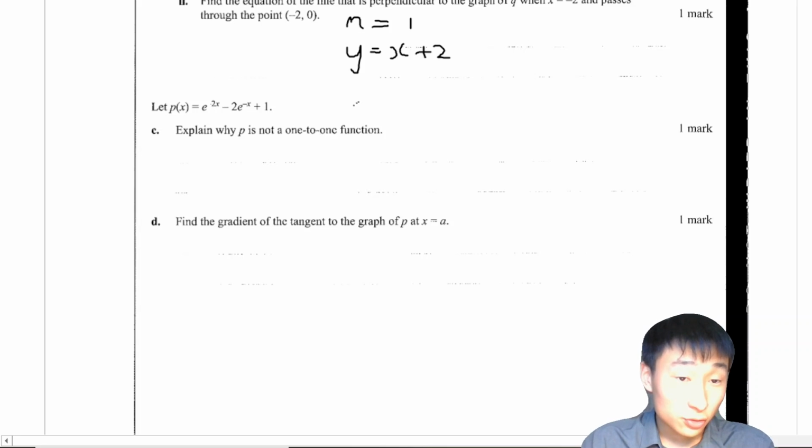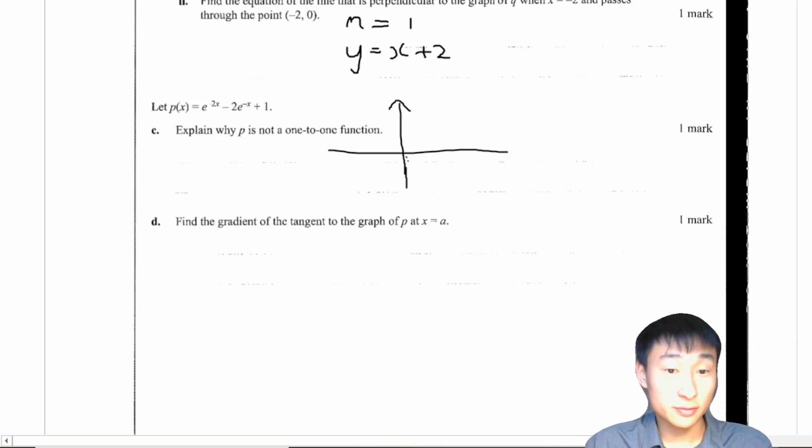I could graph it. E to the power of -2x is a reflection in the y-axis, and that's a reflection in both axes, so that's that. When you add those, add 1.